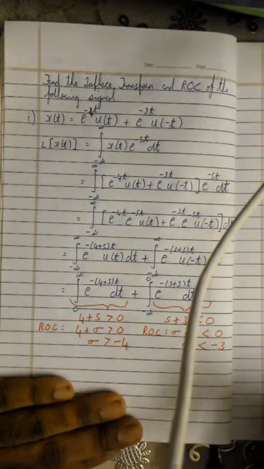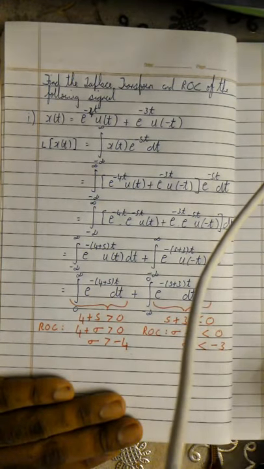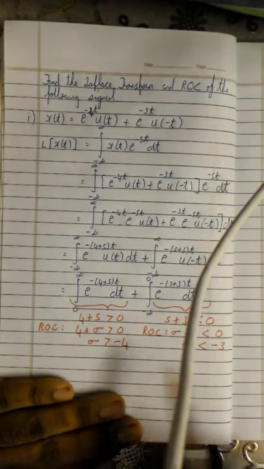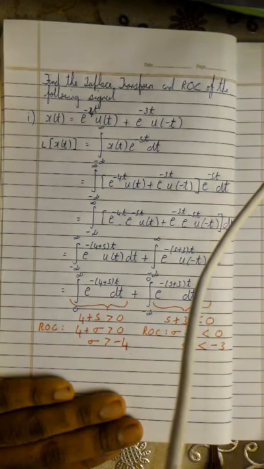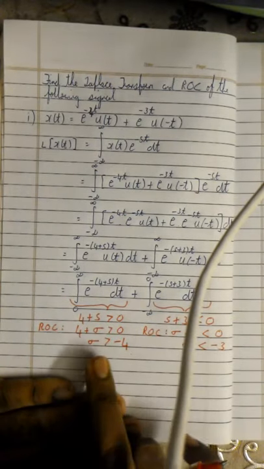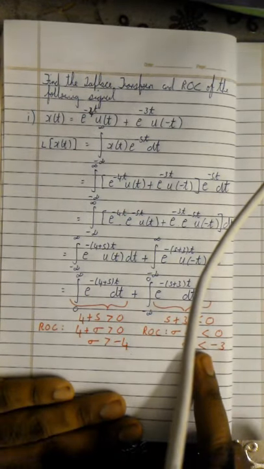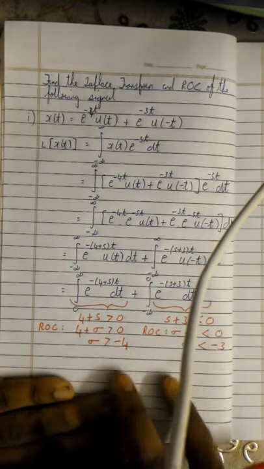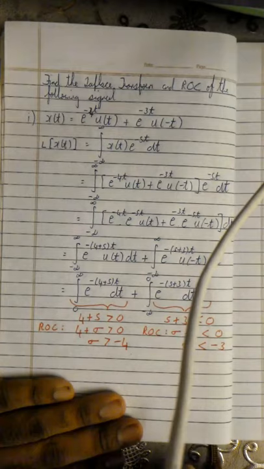So what is my region of convergence, such that it satisfies both conditions, the first condition as well as the second condition? As you can see, it is greater than one value and less than the other value. That means the only region that covers both these ROCs is the region in between these two values, right?